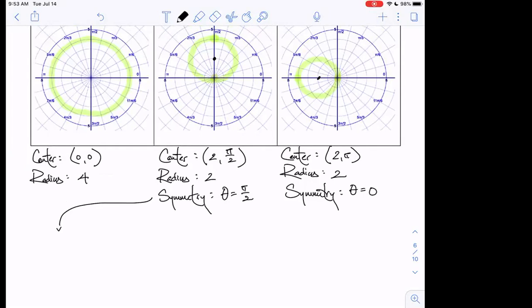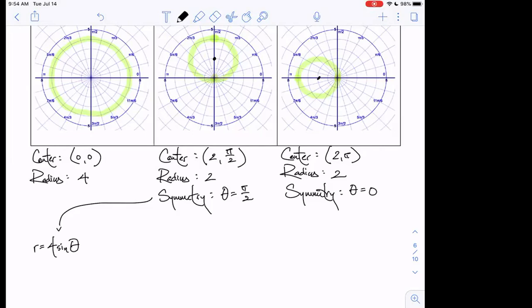But I want to show algebraically why that's going to be true, because you can use this idea of symmetry to help you when you're finding area. You say, here's the line of symmetry, I'm just going to go from the line of symmetry to one end, and then I can double my answer at the end. So this equation was r equals 4 sine theta.